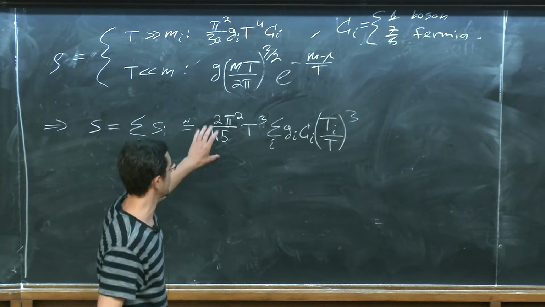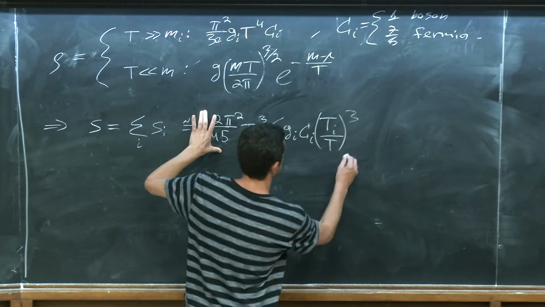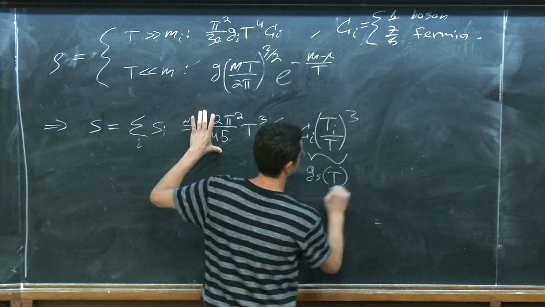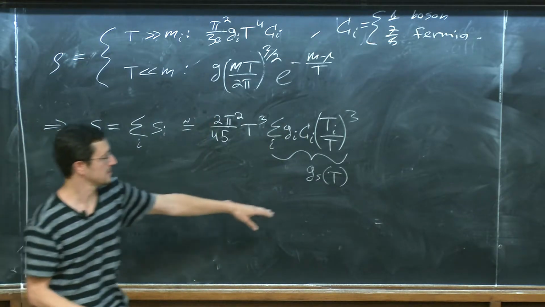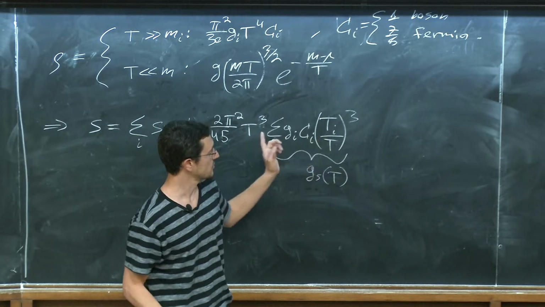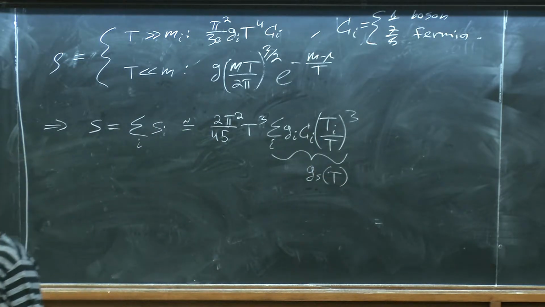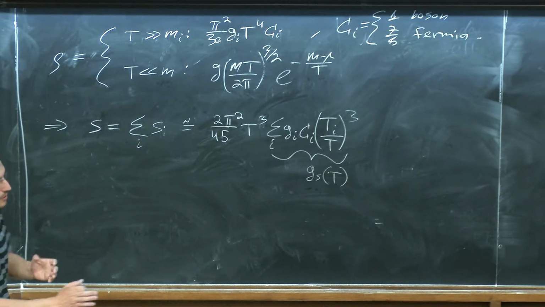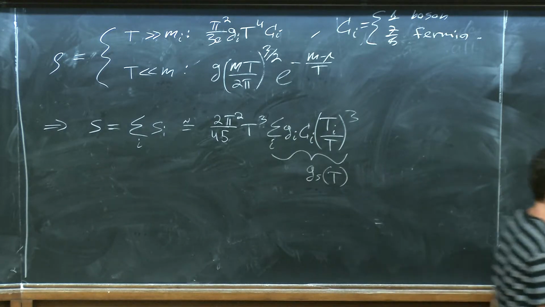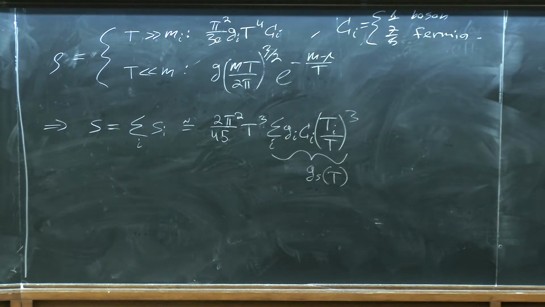Because I have 1/T in here. So this is the conserved quantity. And this object here is known as g_s, and it's in principle a function of temperature. The reason that it is a function of temperature is because as I vary the temperature, some species of particles eventually become non-relativistic. So as I look at this plasma below the electron-positron mass, the only relativistic particles I would have are photons and neutrinos, if they are still coupled to the plasma.